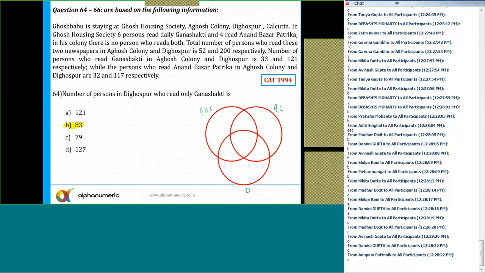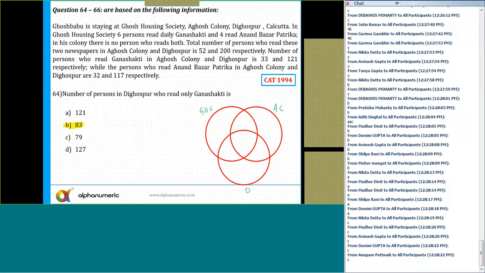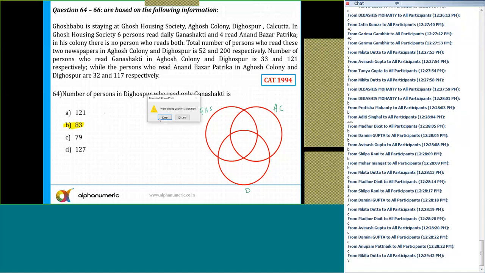I think we do not need to draw this diagram. We need to draw a separate diagram for these three. So just give me 1 second.